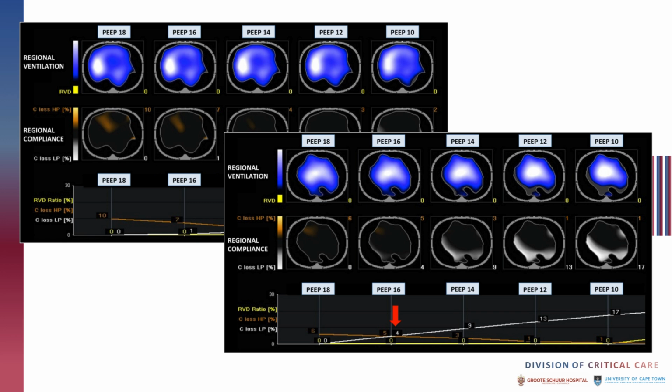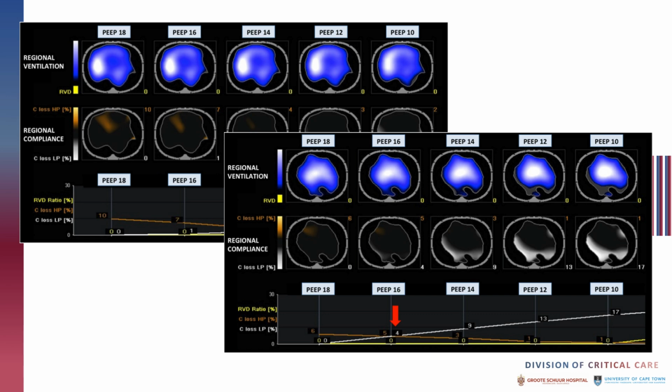So it's really trying to find the optimal compliance of the lung with your PEEP setting where you don't have excessive over distension, but you've recruited areas of lung that had previously collapsed.